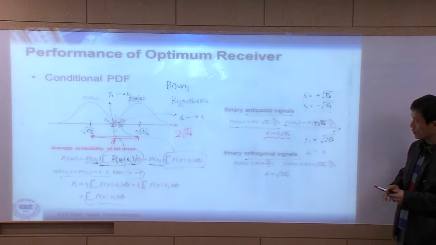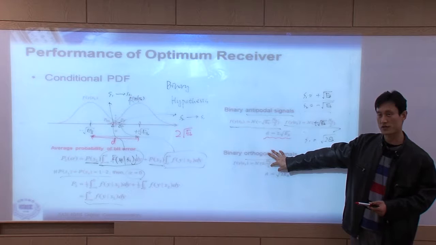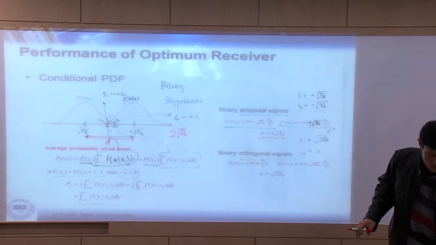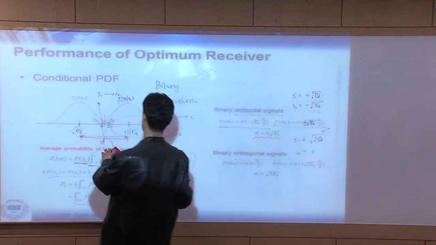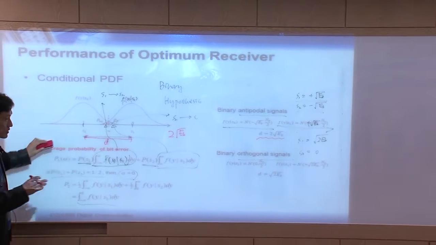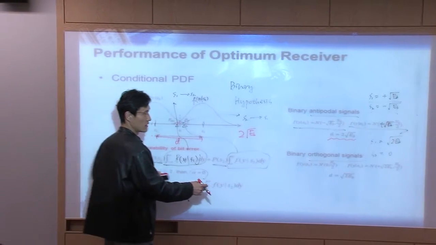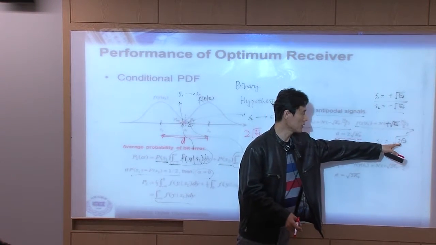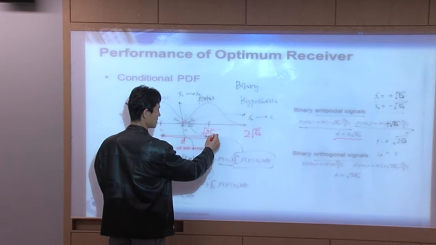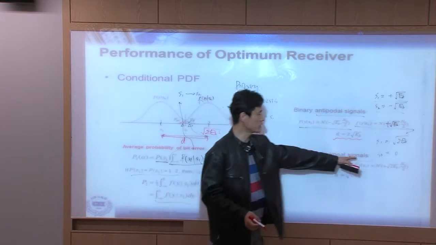However, what about we use orthogonal signaling? If we use orthogonal signaling, now things are a little bit different. This is the case of antipodal, but if you use the orthogonal signaling, S1 is root square 2 times EB, and S2 is 0.